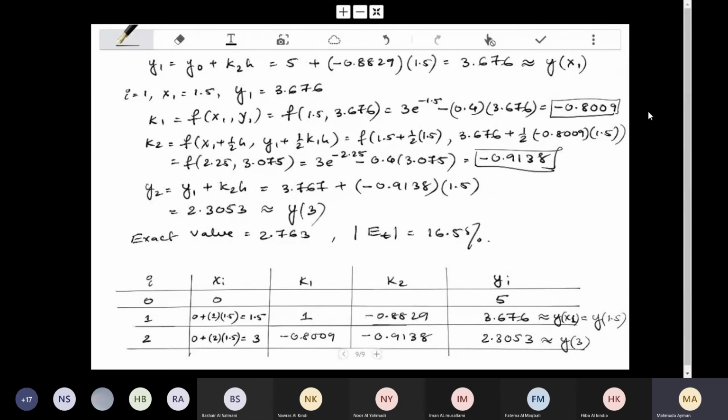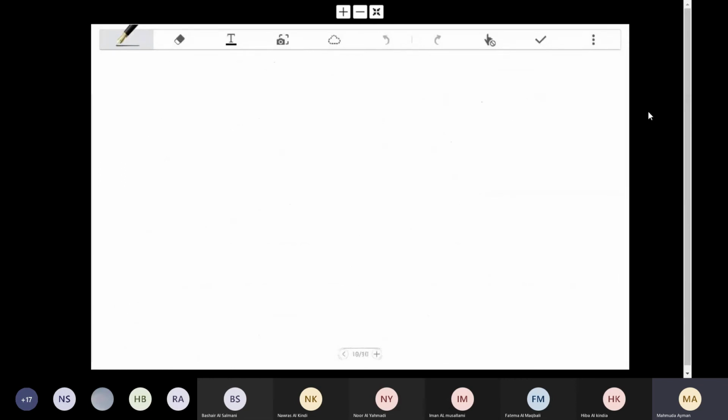Great. So now let's go ahead to Runge-Kutta fourth order method. So what we did until now was Runge-Kutta second order method, and now we are in the Runge-Kutta fourth order method.